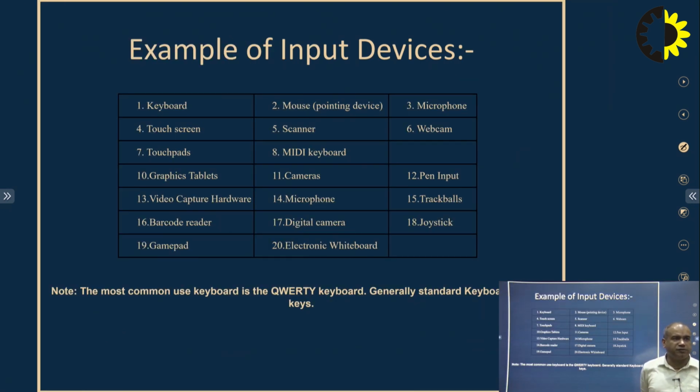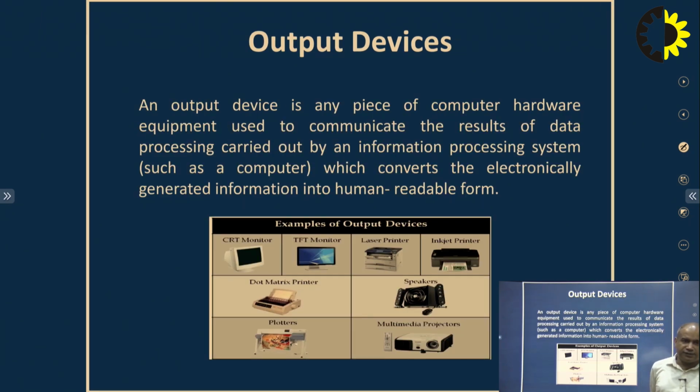Examples of input devices are keyboard, mouse, microphone, touch screen, scanner, webcam, touchpad, MIDI keyboard, graphics tablet, camera, pen inputs, video capture hardware, trackball, barcode reader, digital camera, joystick, gamepad and electronic whiteboard, and many more electronic devices. Most commonly we use the 104-key QWERTY keyboard, as well as the mouse.